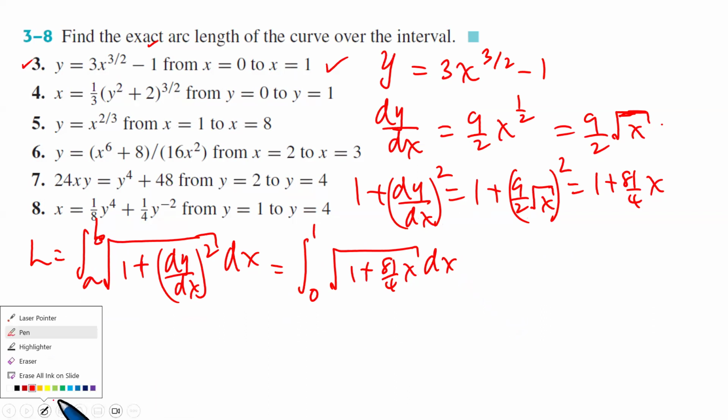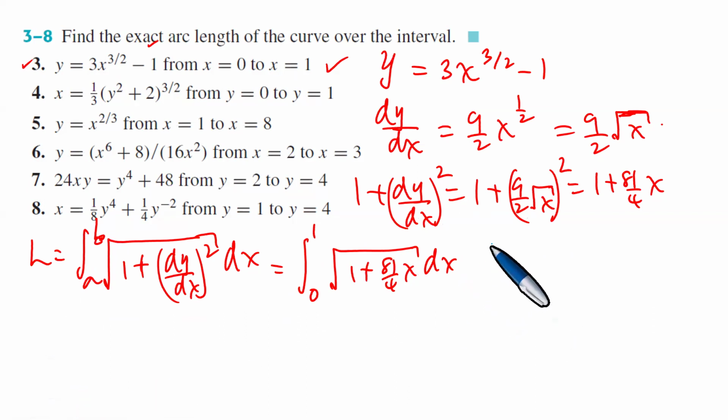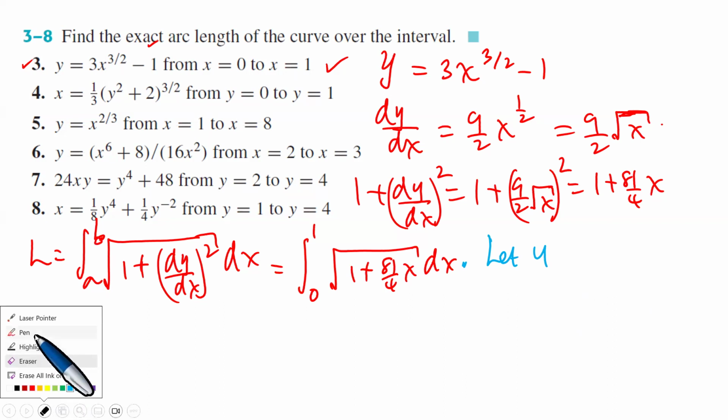Now, when you get to this one, we perform some basic integration. So we're going to let u be 1 plus 81x out of 4. U is exactly that.